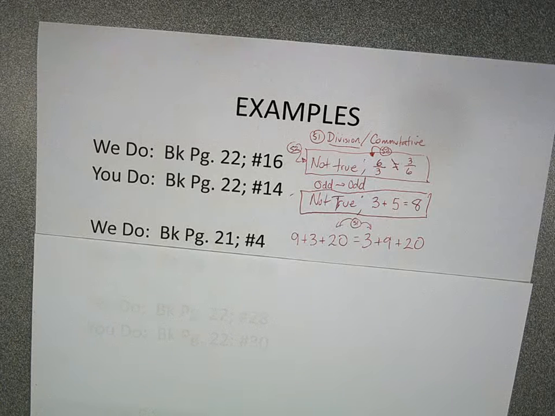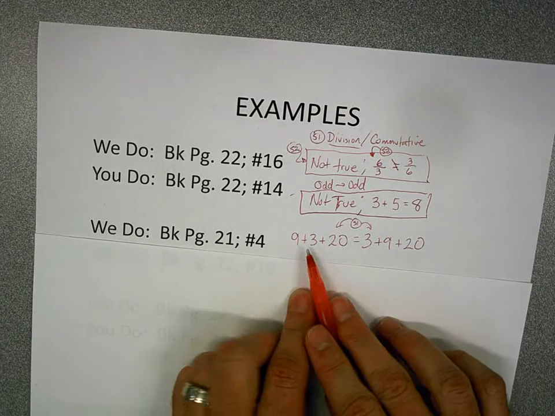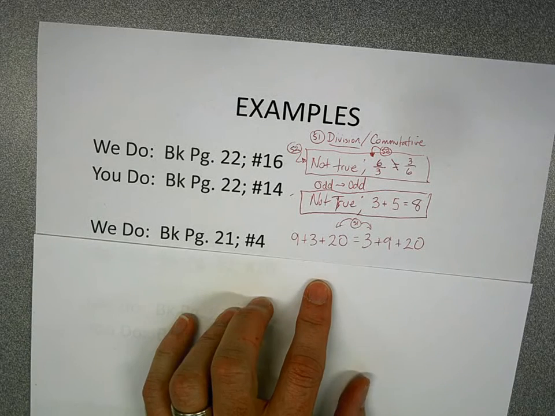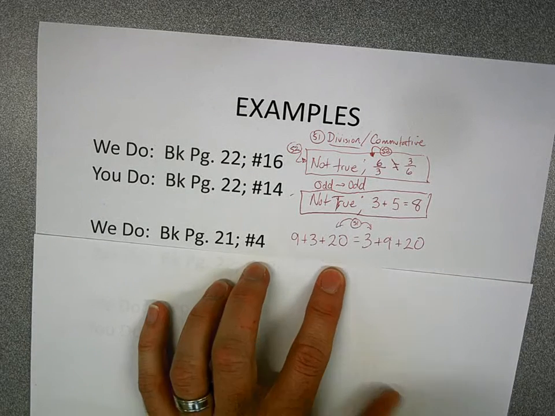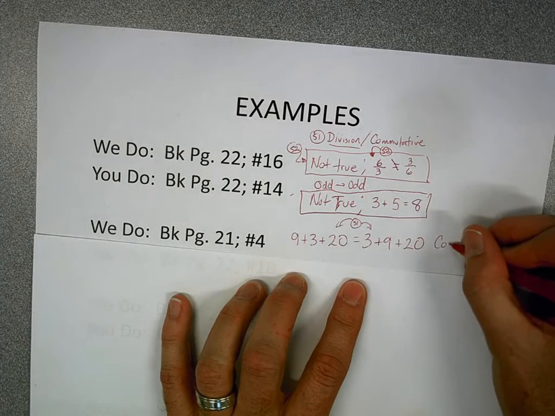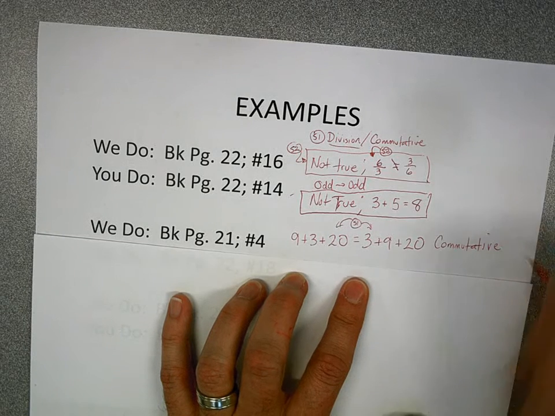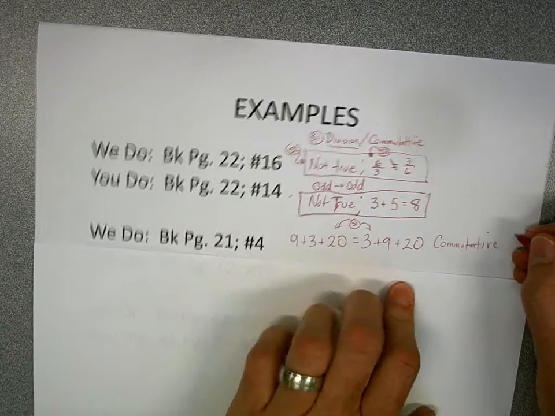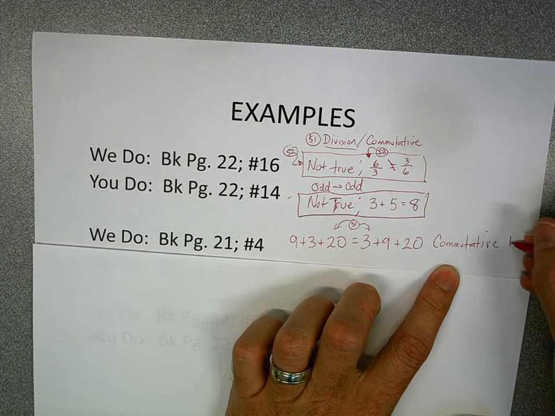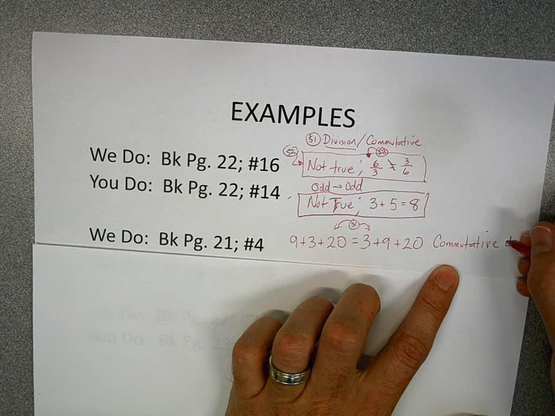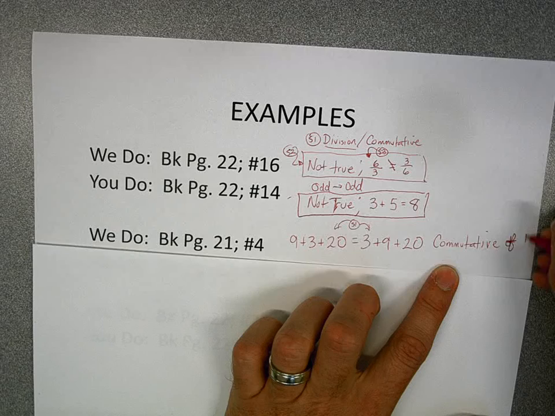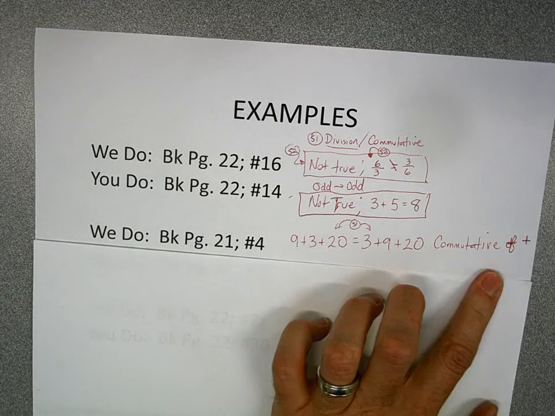Use that to your advantage. I already know that you could flip-flop two numbers around an addition sign and give the same sum because that is the commutative property of addition. Here's what I'm going to do. Commutative, and I'm going to put a cursive F, of addition.